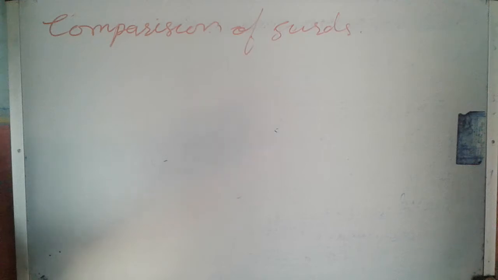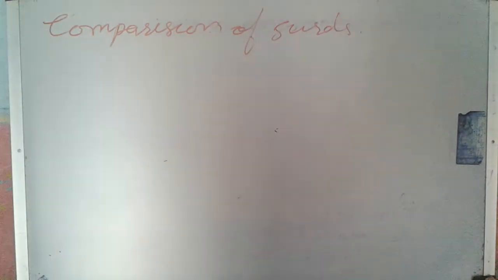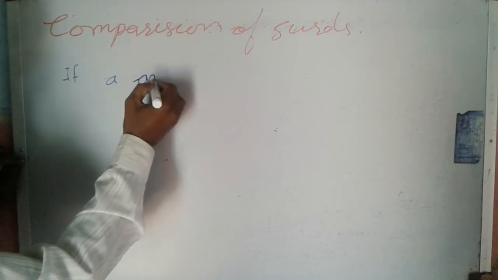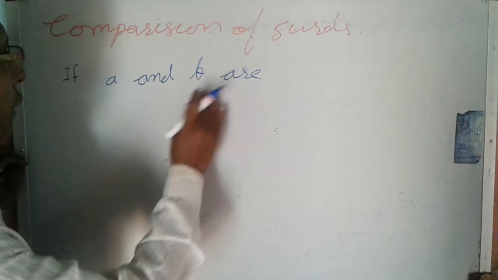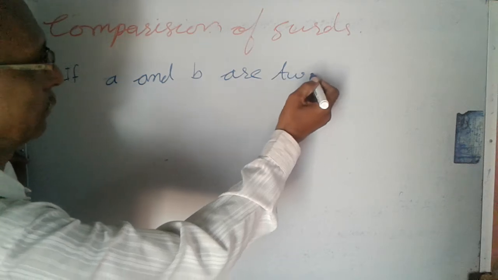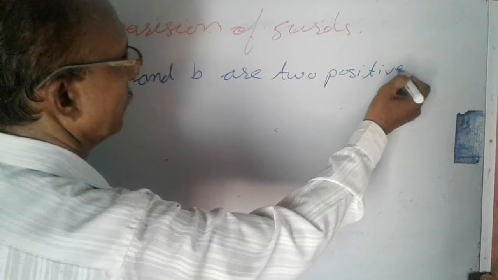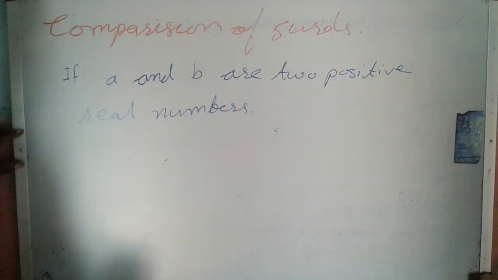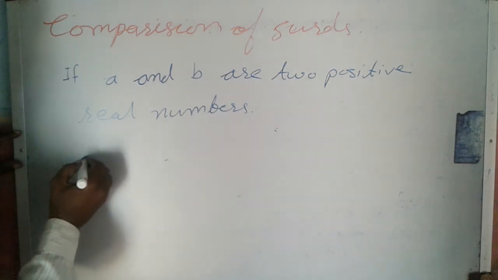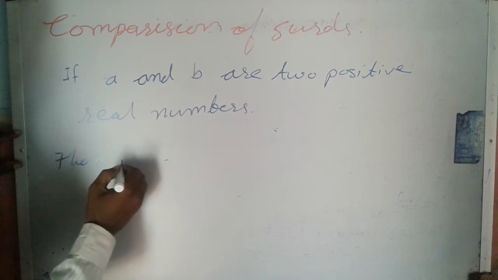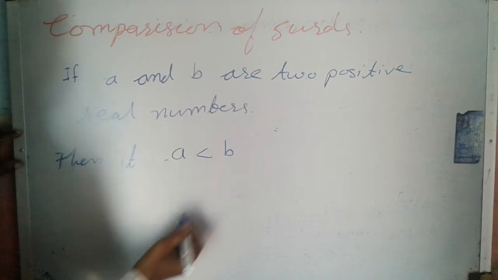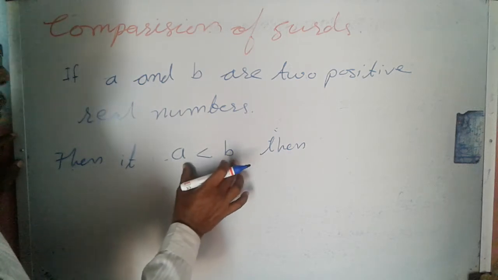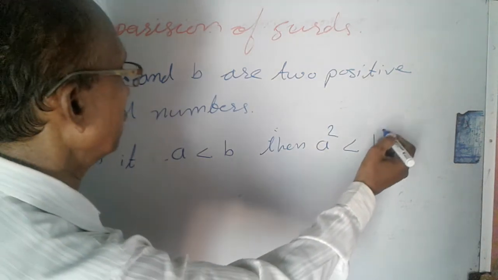Comparison of surds. Now if A and B are two positive real numbers, then if A is less than B, then squaring both the terms, we will get A square is also less than B square.